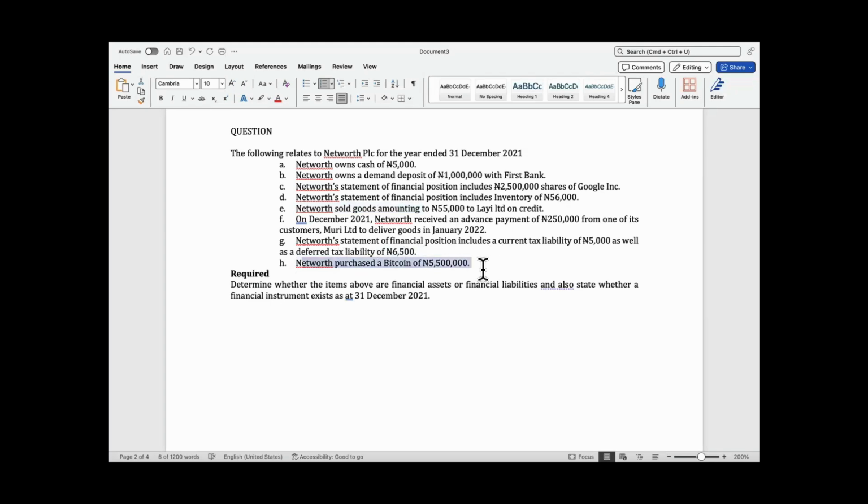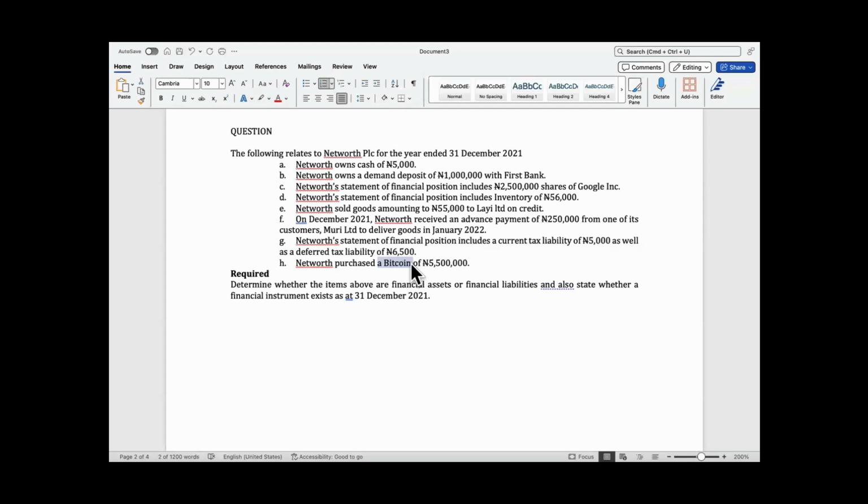So what class of asset is Bitcoin? Because that was the question for that diet. They gave a case study and all of that. They were now asking how should this company classify these assets in its books? So how are we going to classify Bitcoin? What class of assets is Bitcoin?